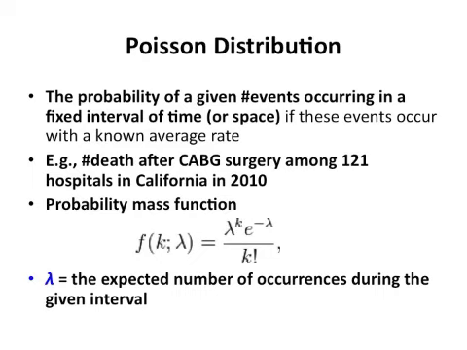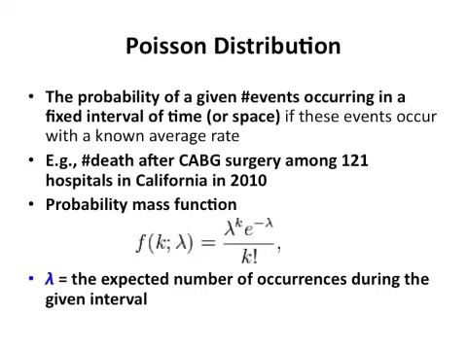collected data from 121 hospitals in California, and we can measure the number of deaths after a certain heart surgery, coronary artery bypass graft surgery. Okay, after surgery, within 30 days, how many people died at each hospital?